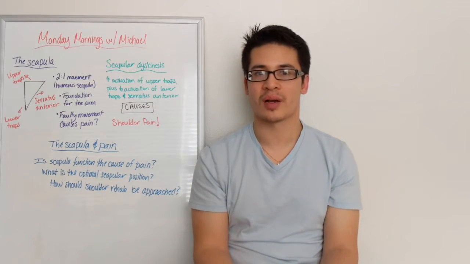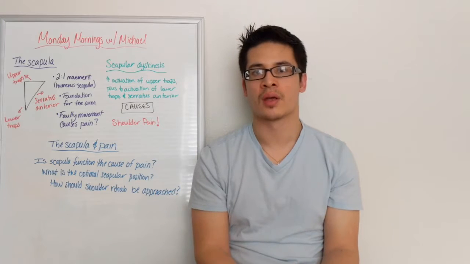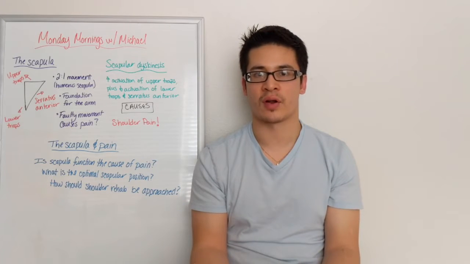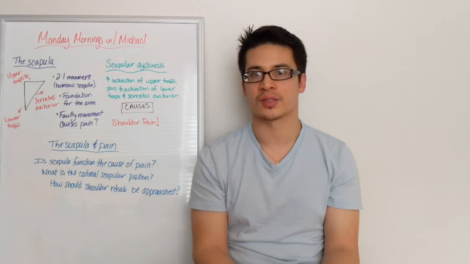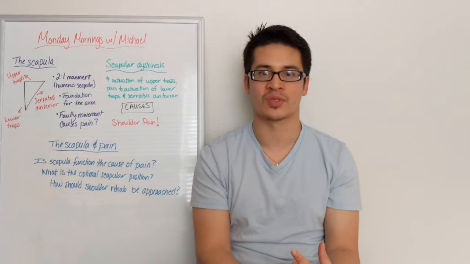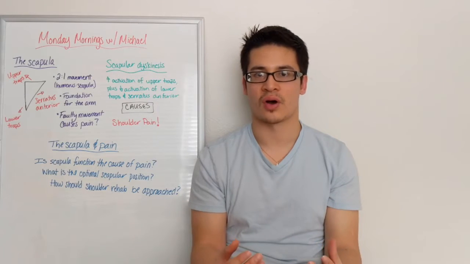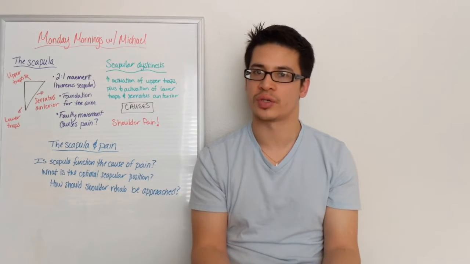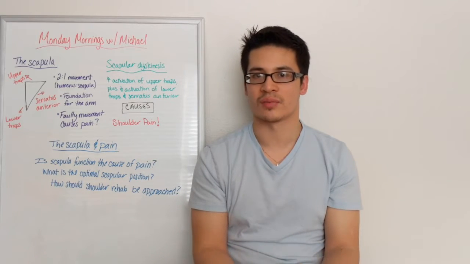So when we build a program for rehab, if we're trying to recover from impingement syndrome or a rotator cuff tear, let's say, then instead of just looking at it from a scapular position standpoint of saying, well, the scapula isn't upwardly rotating enough, so let's stretch the upper traps and then we'll strengthen the serratus anterior and the lower traps, instead, we should just focus on strengthening the shoulder as a whole and treating it as a unit versus trying to just isolate specific components of it.